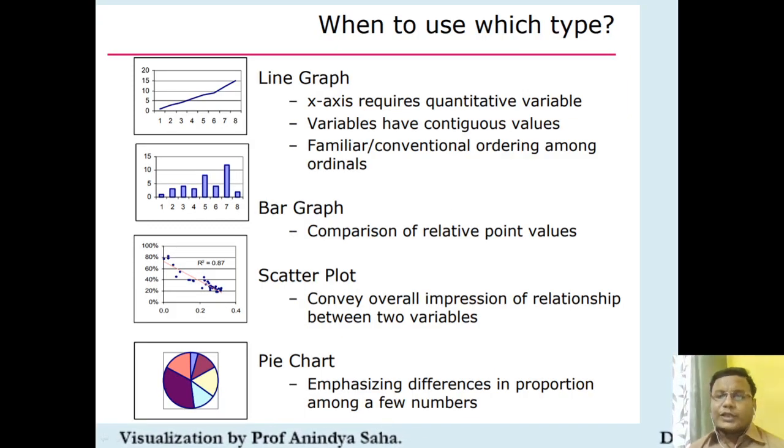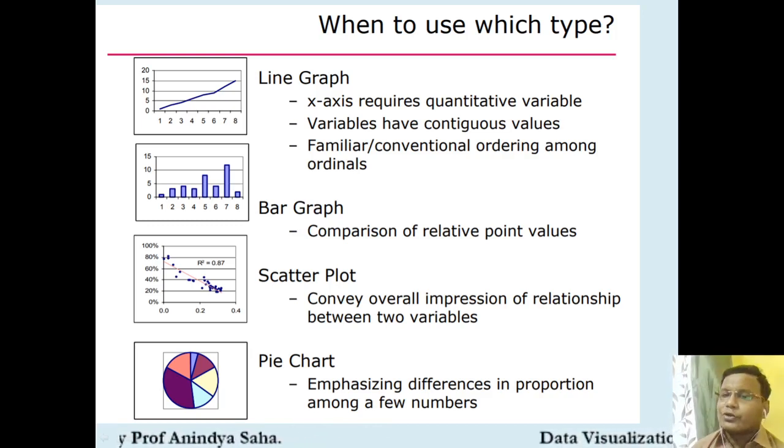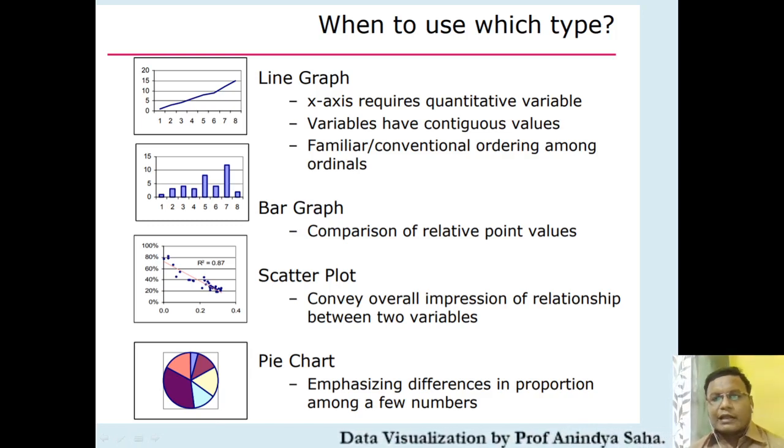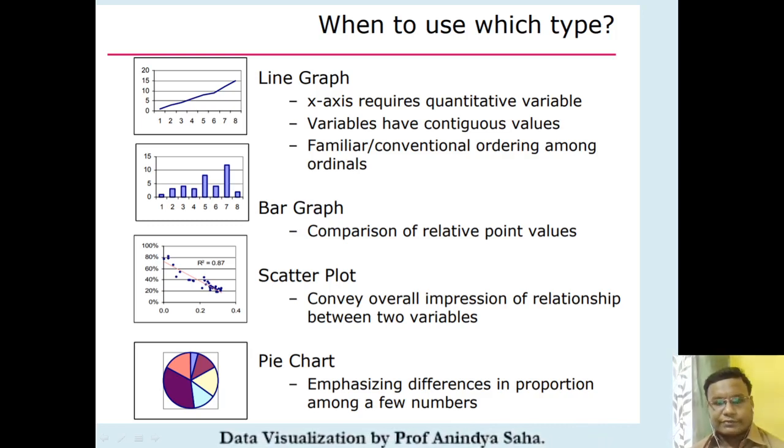When to use which type, let's conclude in such a way that you can easily apply it in your application. Line graph: the x-axis requires a quantitative value, variables have contiguous values, with a familiar or conventional ordering among the ordinal values.